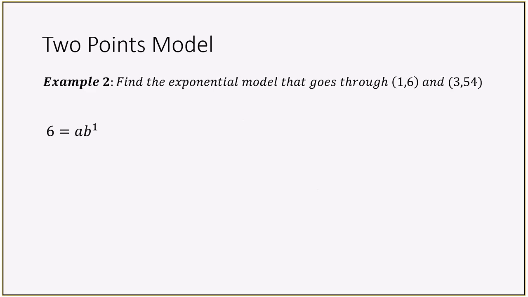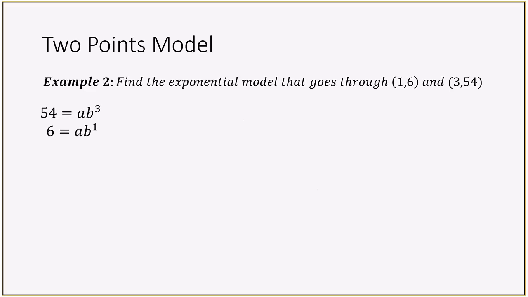And then I do the exact same thing with 3 comma 54. My 54 will be my f of x, and my x power will be 3. Now in this case, order doesn't technically matter, but I recommend always putting the highest power above the lowest power for this next step.